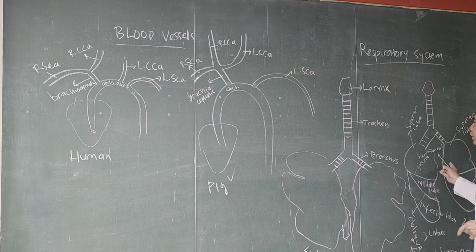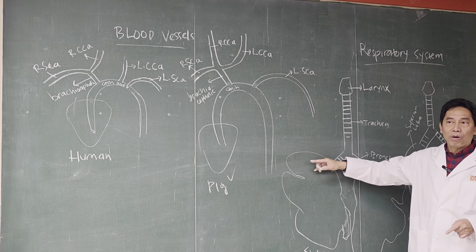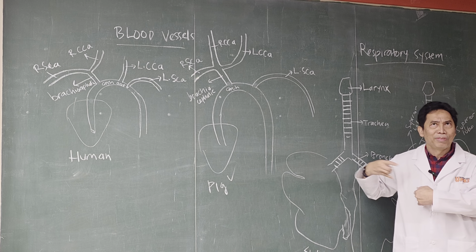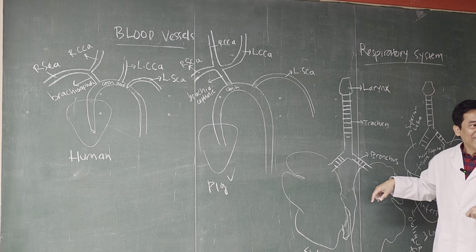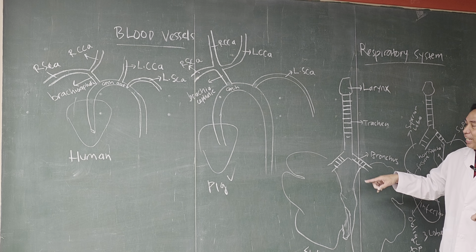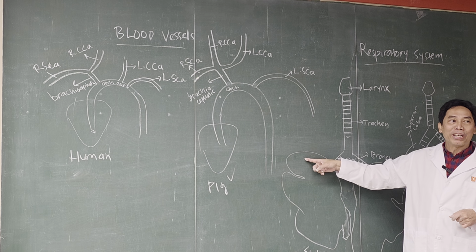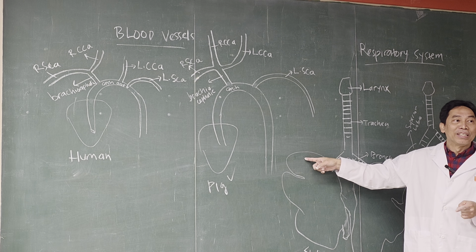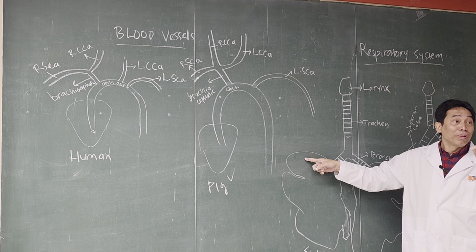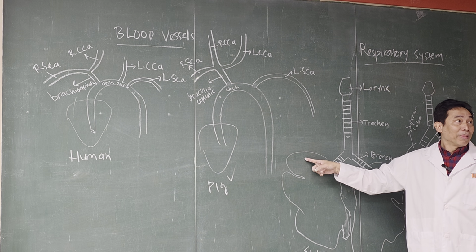Okay, that's in human. Now in the pig, you have 4 on the right and 3 on the left. Now what is the name going to be? What do you call the top one over here? Anybody can guess? Mason? Good.